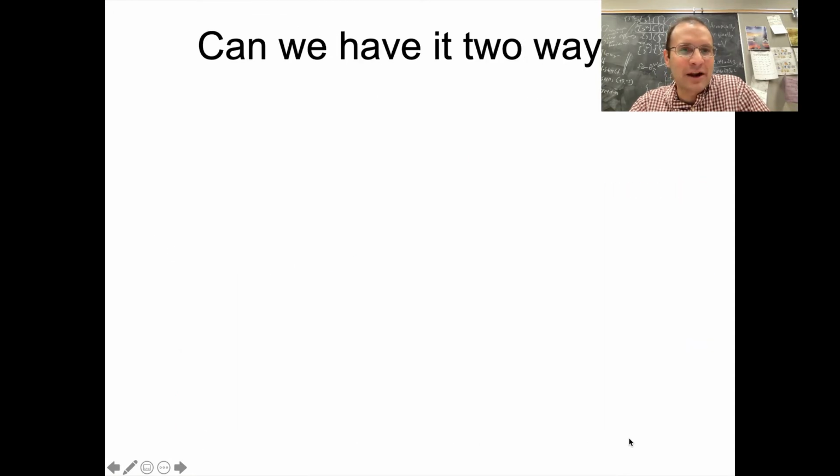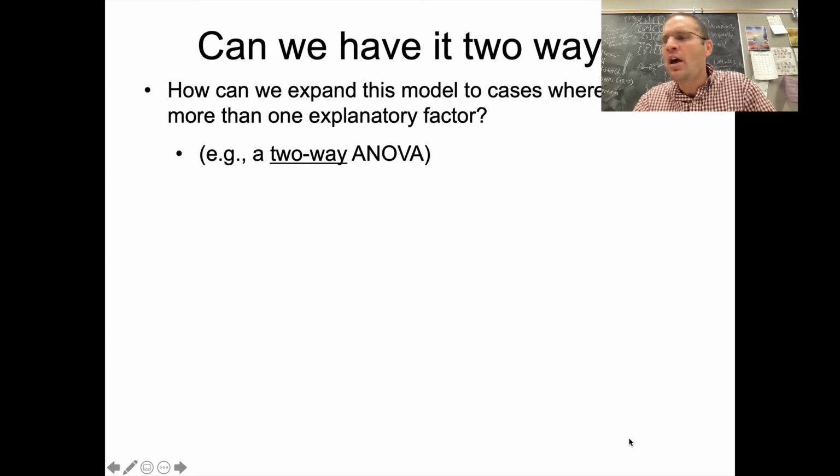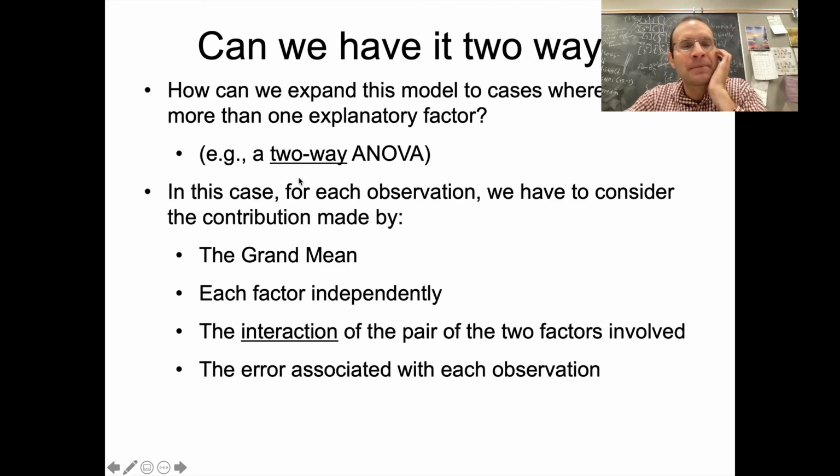This doesn't matter because what we want to do is expand this. So we're going to move on from the model we just saw on the previous slide and figure out how to do a two-way ANOVA. In this case, for each observation, we have to consider the contribution made by four different things. So we have a grand mean, which we've seen before.